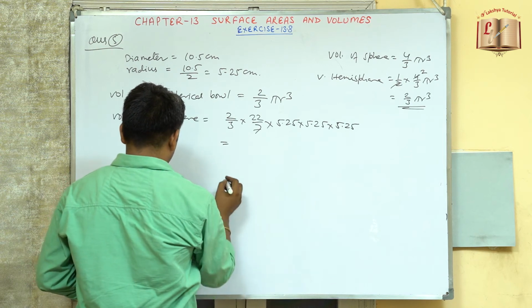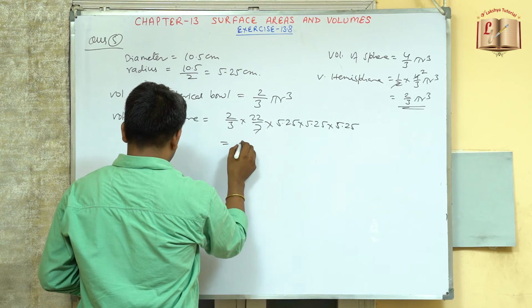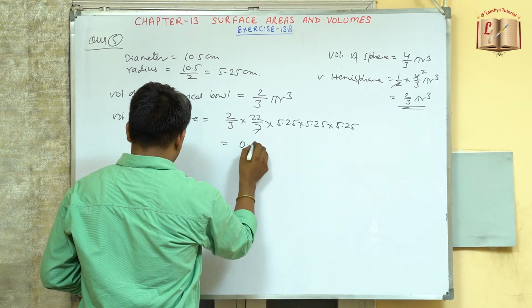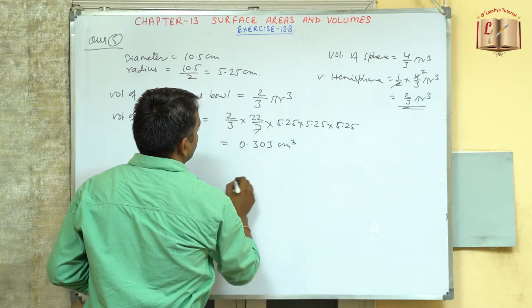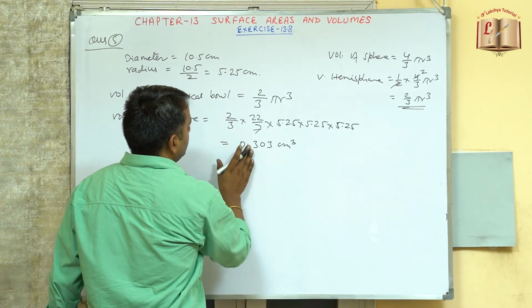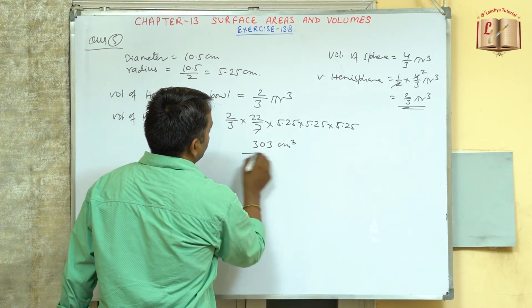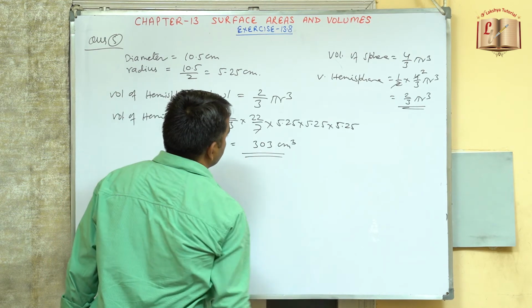So the volume comes out to be 303 centimeter cube. This is the volume we are getting on calculation.